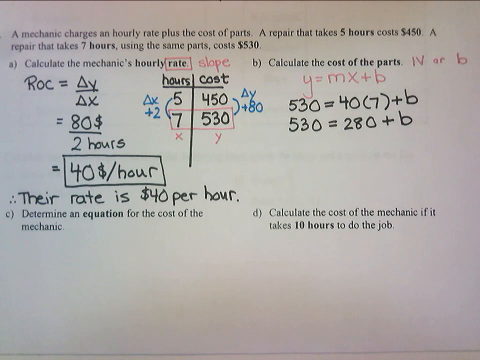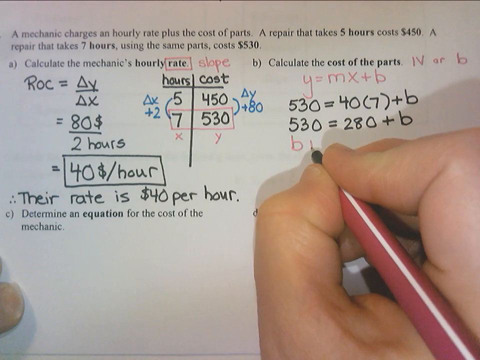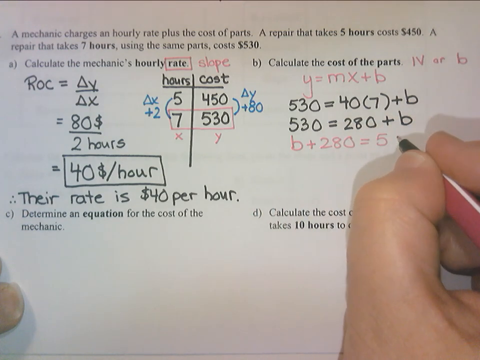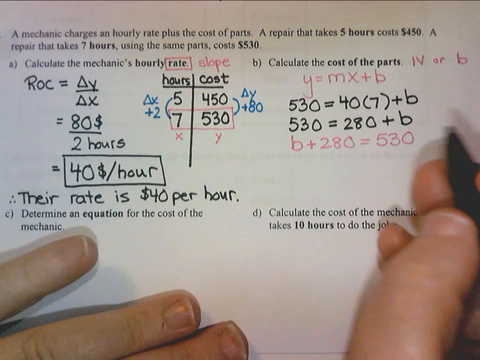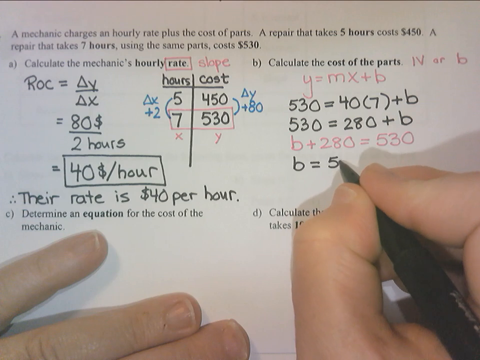plus b. If you would like to flip that equation around, you're welcome to do that. I would do b plus 280 equals 530 if I was going to turn it around. So I would subtract 280 from 530.